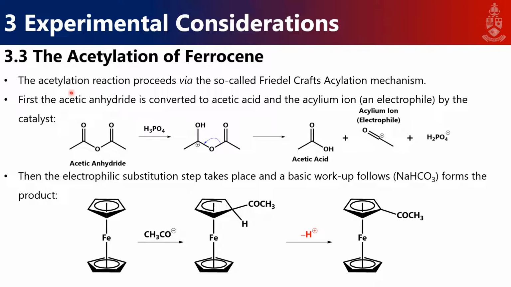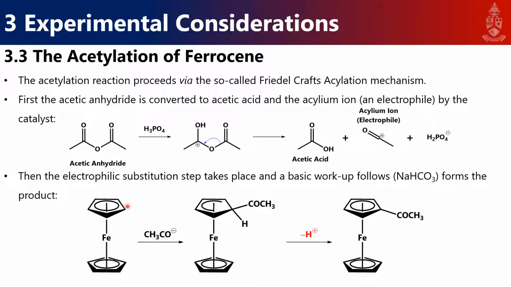Essentially, your acetylation is going to occur via a so-called Friedel-Crafts acetylation mechanism. In this, your acetic anhydride is first protonated, and then it splits into acetic acid and an acylium ion, which is your electrophile, which will then attack your nucleophile, which is your Cp ring on your ferrocene.